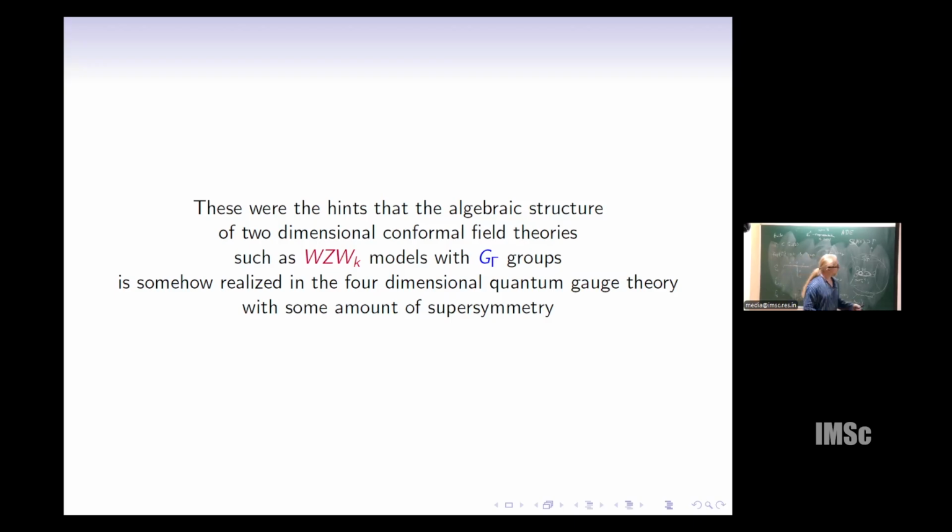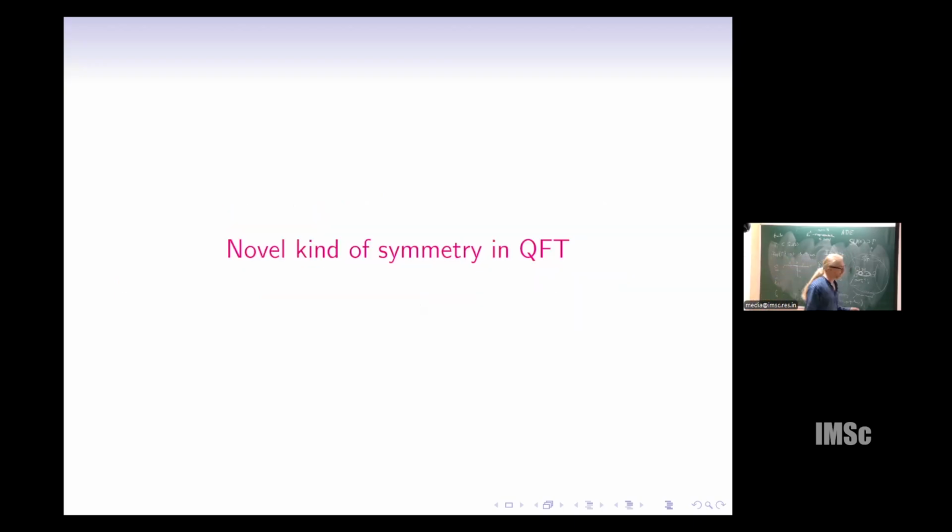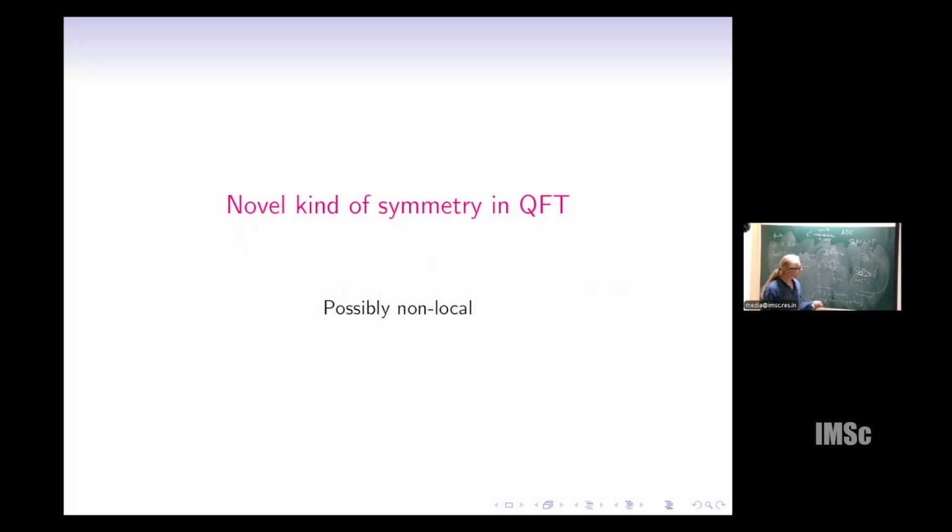Okay, but the point which I wanted to make here, a starting point, was that these Kac-Moody algebras are the symmetries of two-dimensional conformal field theories, and so there was some kind of indication that something in the four-dimensional gauge theory was hiding a symmetry which is specific to two-dimensional conformal field theory, but it's also hiding in a kind of intricate way.